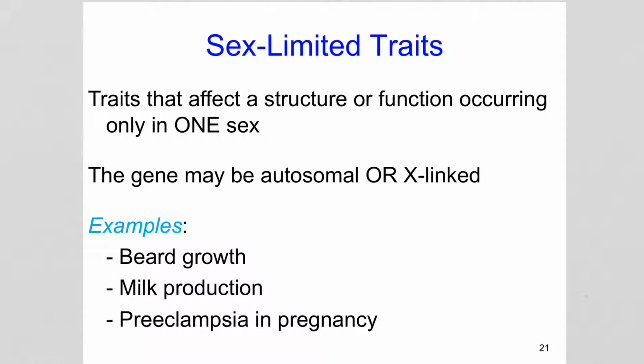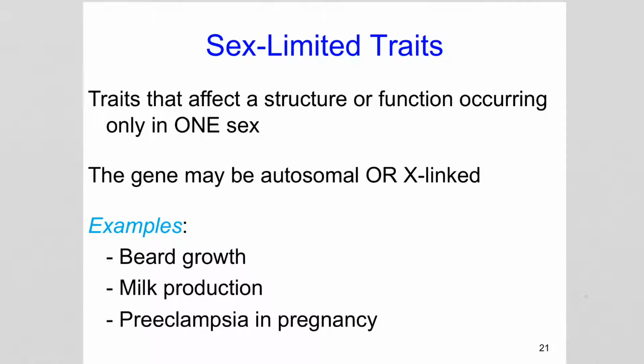So the gene, the underlying gene that contributes to the phenotype, and this is important, it can be either autosomal or X-linked. So it can be on any type of chromosome, but the key is that the protein that's produced from this gene is actually going to influence either the structure or the function that we see in just one of the sexes.